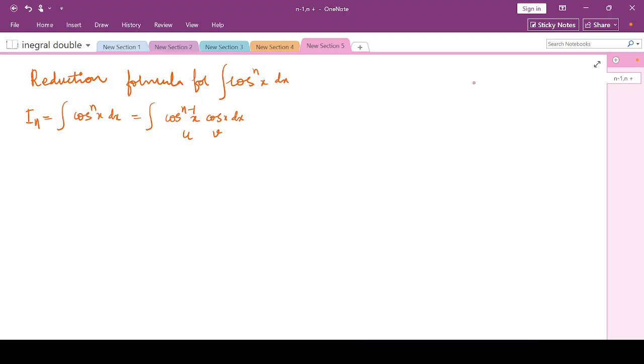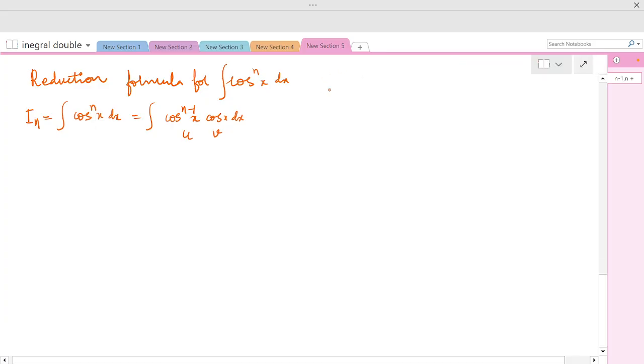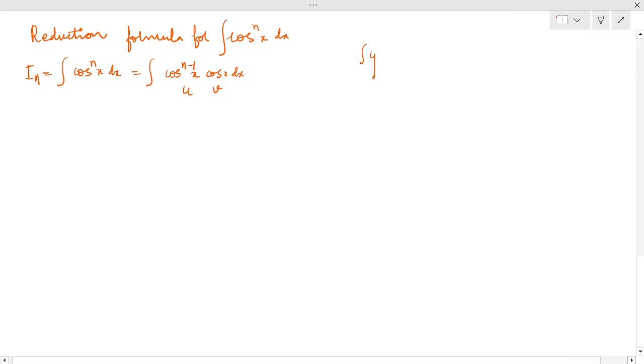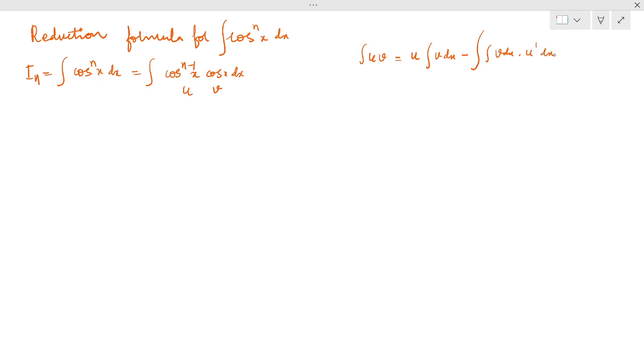We are already aware of integration by parts. Integration by parts of uv is the first function into integration of the second function, minus integration of the second function into differentiation of the first function.